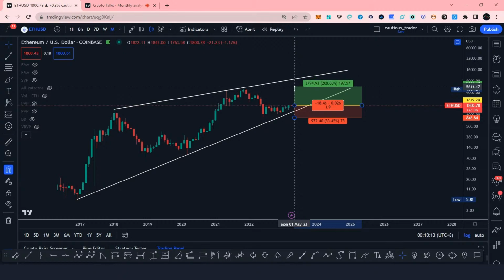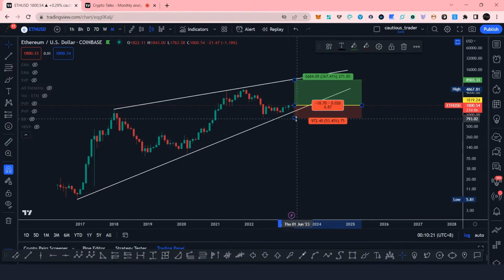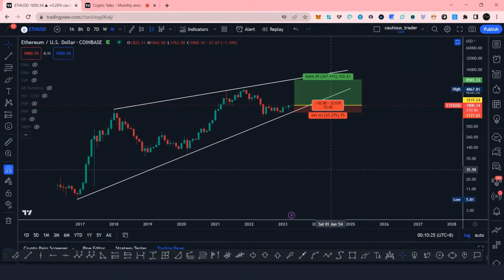It's for long-term holders, syempre dun, ina-expect ko talaga. And of course, yung support area dito. So, makikita mo yung possible risk-reward ratio which is at 10.42 for long-term holders.